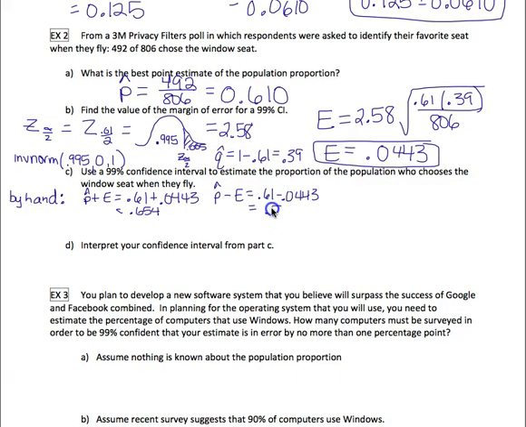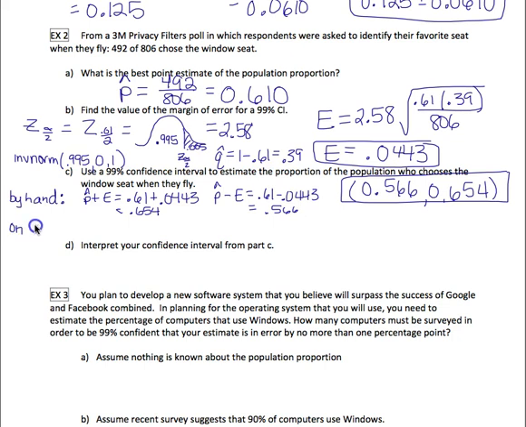So that would mean that in interval notation, I would have 0.566 to 0.654, and this would be my answer. That is in interval format, a confidence interval that goes with 99% confident because I used the correct z sub alpha over 2 to go with it.